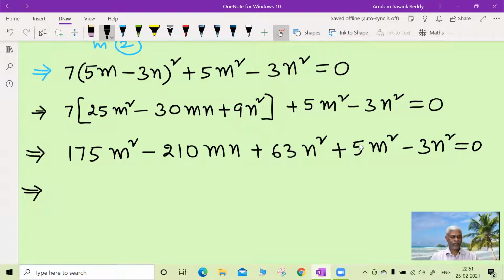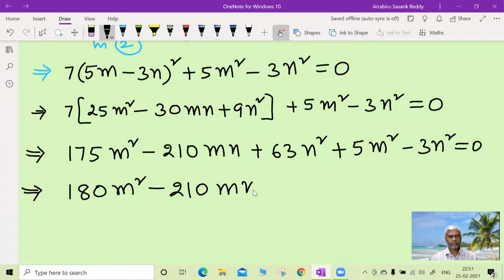175 plus 5 is 180 m square, minus 210 mn, 63 minus 3 is 60 n square. So 180, 210, 60 can be divided by 30.